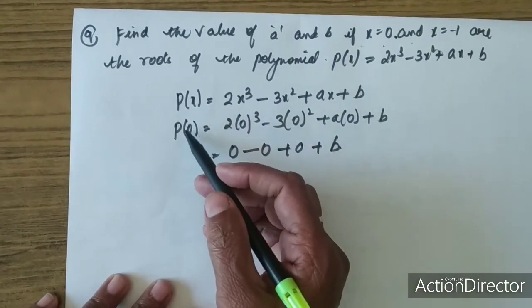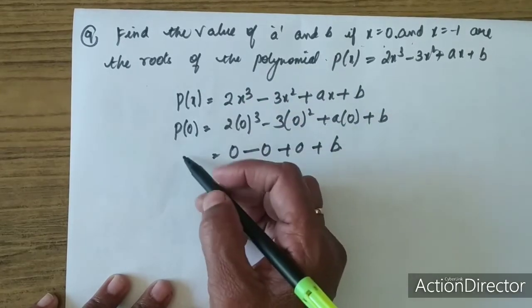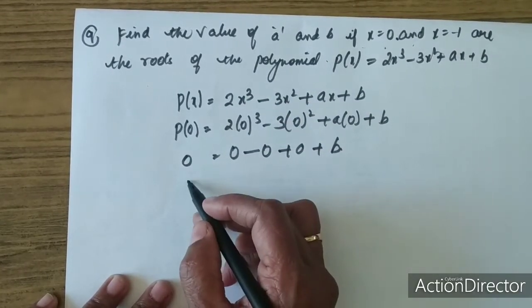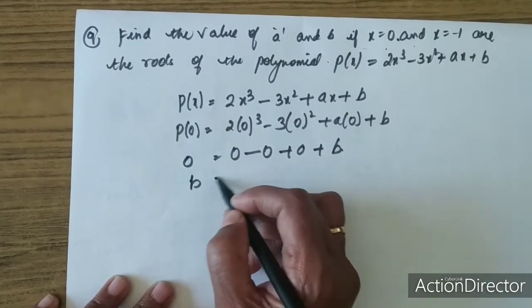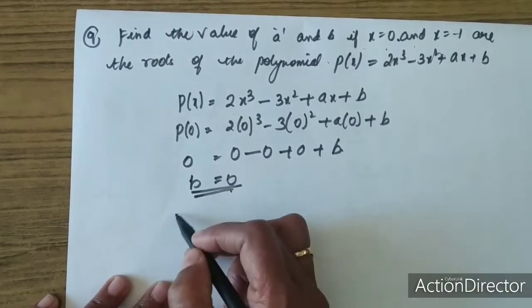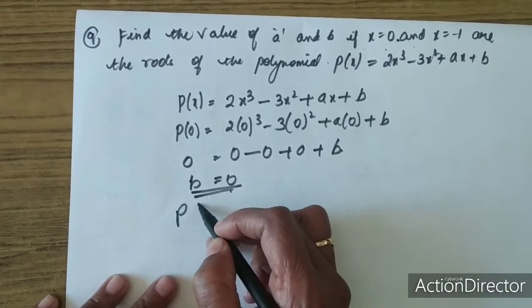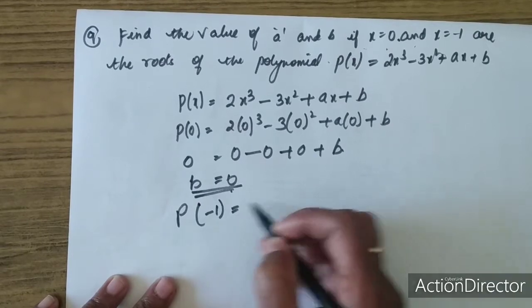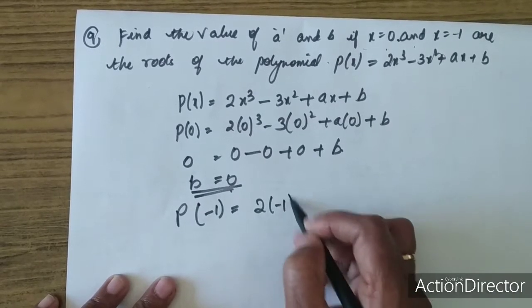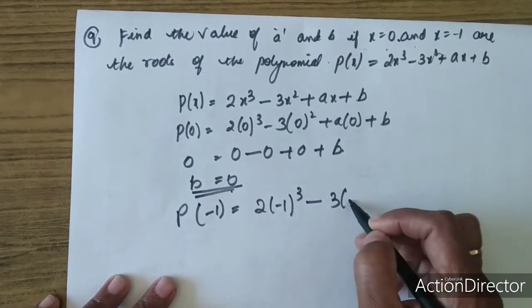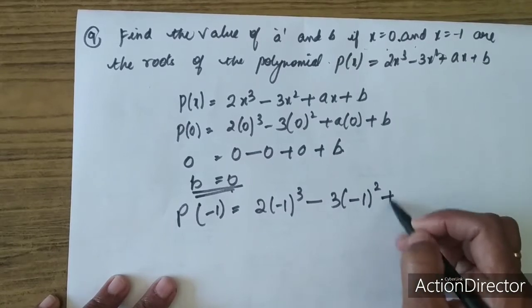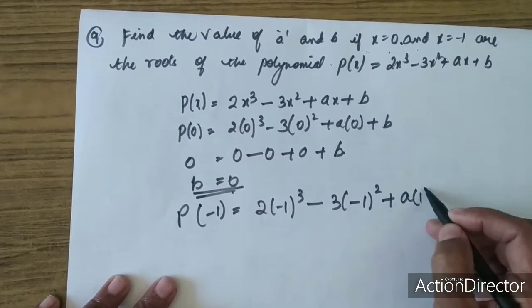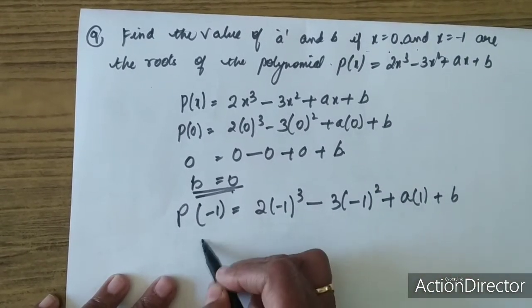So this is equal to 0. So my value of b is equal to 0. Second, p of minus 1 is equal to 2 into minus 1 whole cube minus 3 into minus 1 whole square plus a into minus 1 plus b. So this is equal to 0.